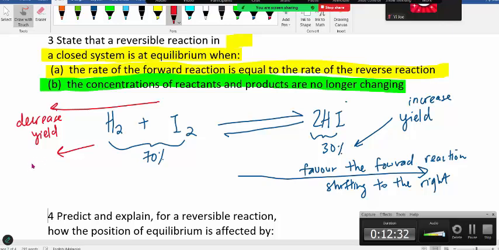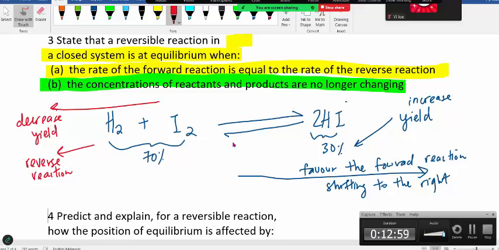So going this way is called the reverse reaction, and it's called shifting to the left. Make sense? Some people during exam, they don't even know left and right. So you don't have to say shift to left, shift to right. You can just say forward and reverse.